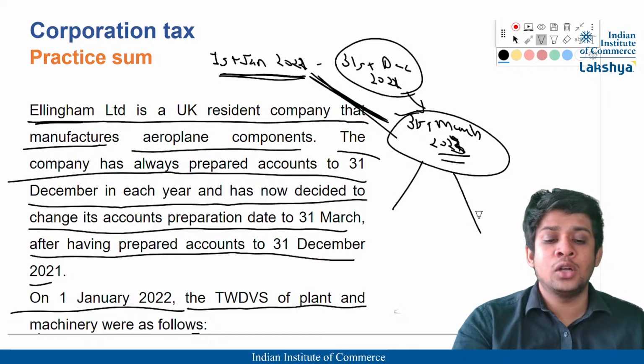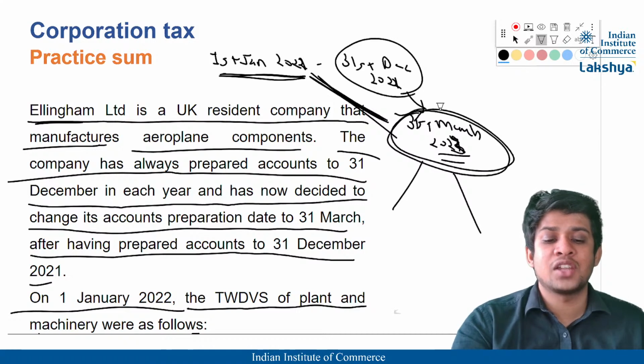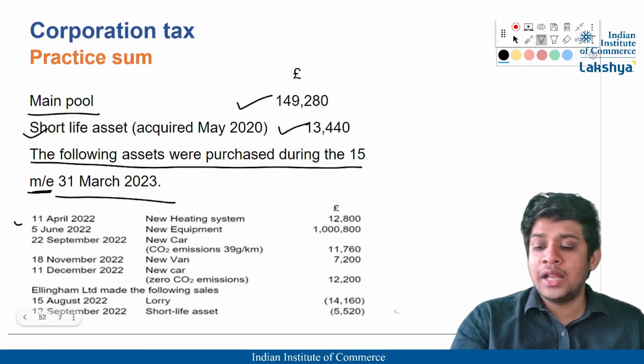This will be subdivided into two accounting periods: one from 1st January 2022 to 31st December 2022, and the second from 1st January 2023 to 31st March 2023.